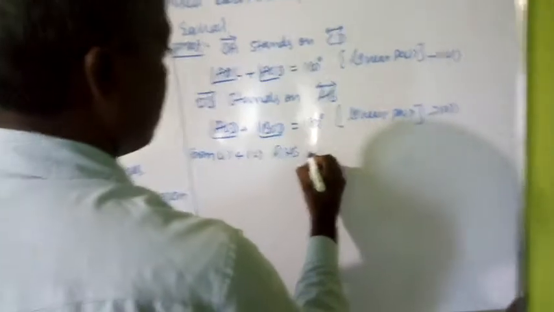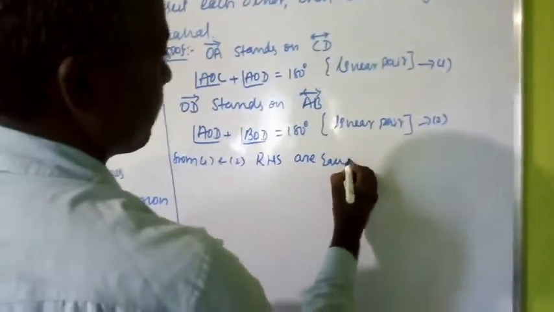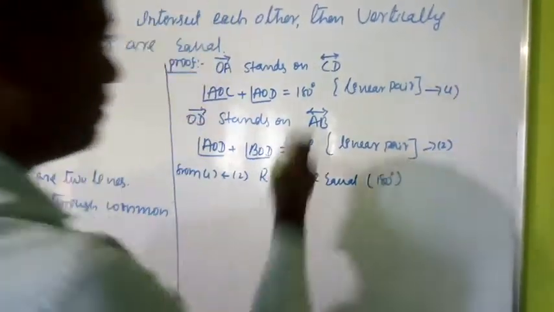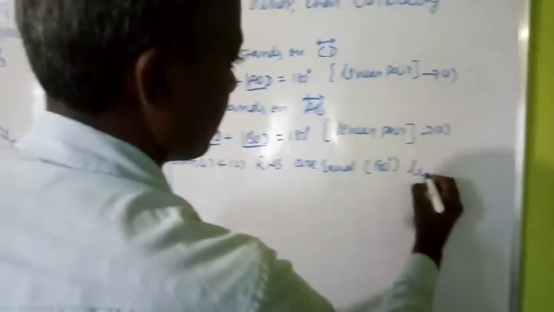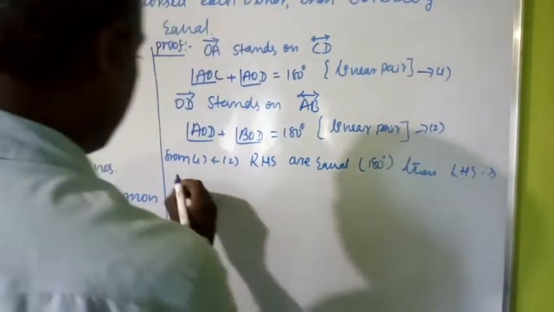Sorry, RHS are equal. How much is it? 180 degrees. Observe on both sides, it is 180 degrees on the RHS, correct. Then the LHS is equal.